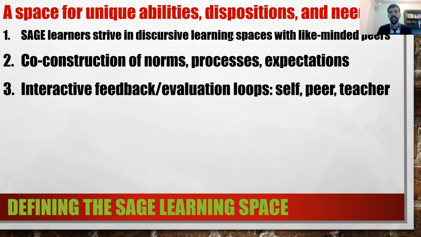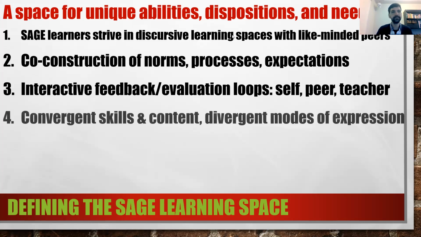We find that that skill is an essential skill for all learners, and SAGE students happen to have the metacognitive predispositions to allow them to do that, and to do that earlier than some of their peers.